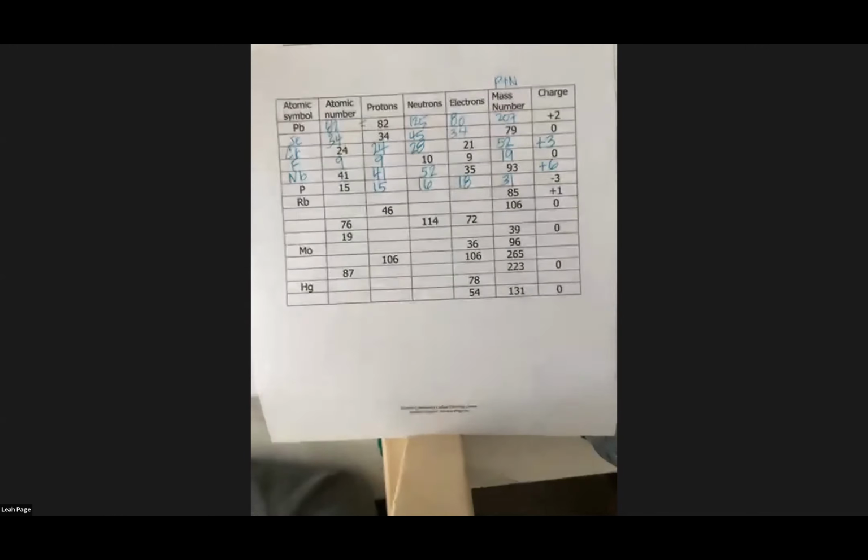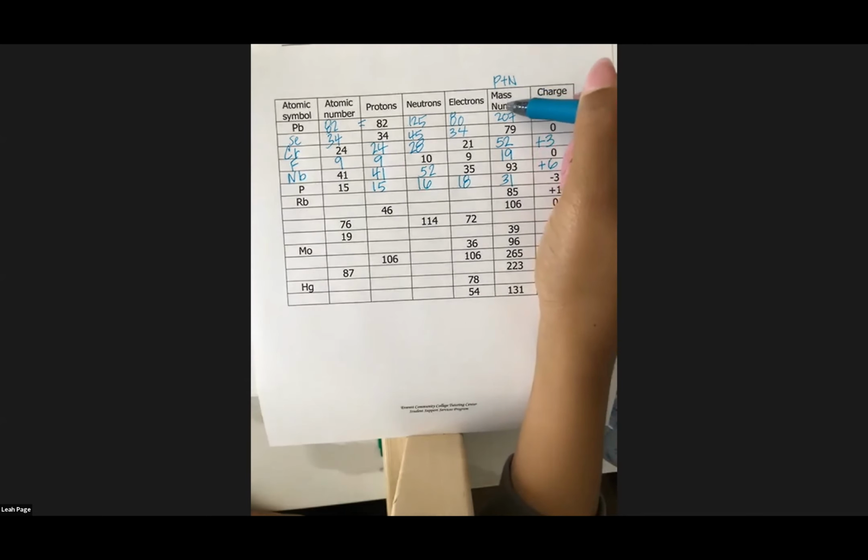When we answer them, like in the questions you give, you want the rounded mass number, not the actual one. I'm trying to stress this: the mass number and the average mass are not the exact same number.